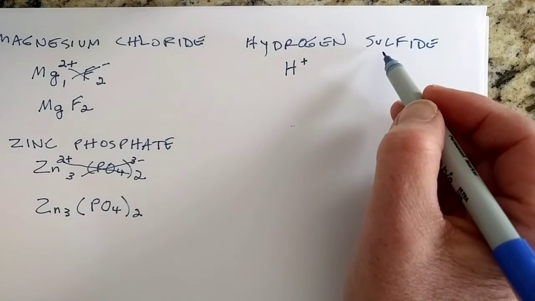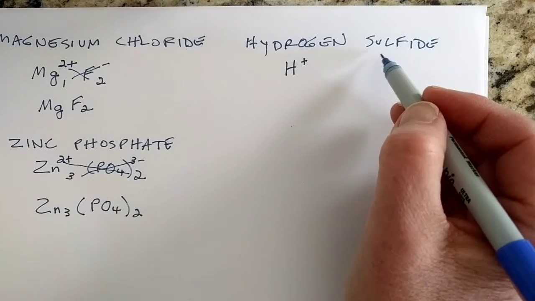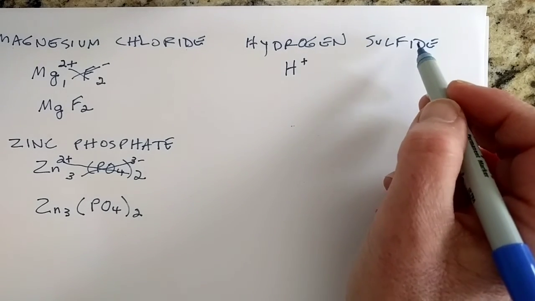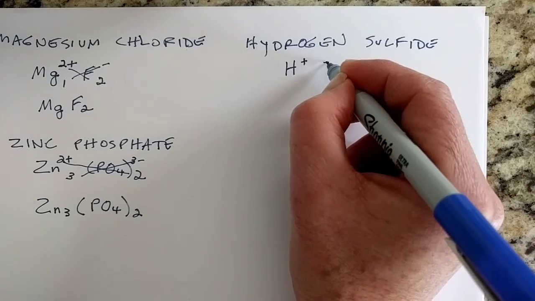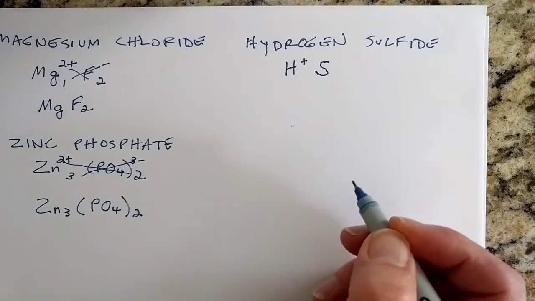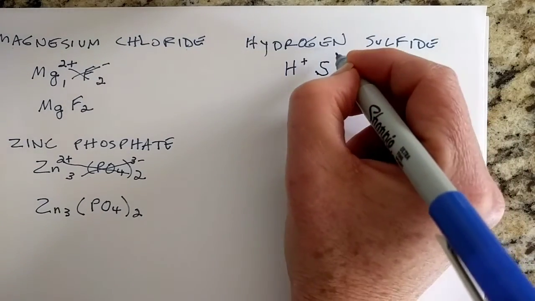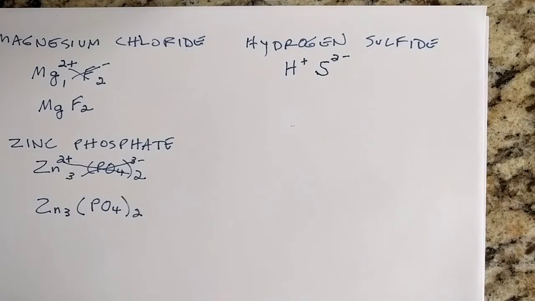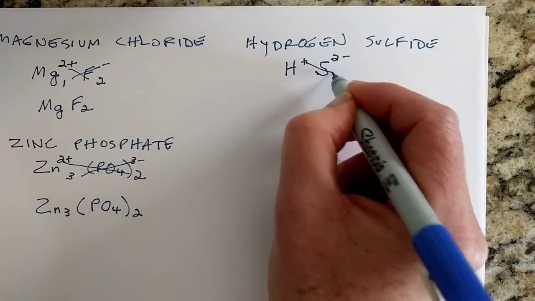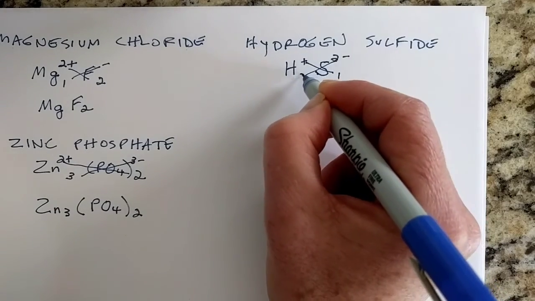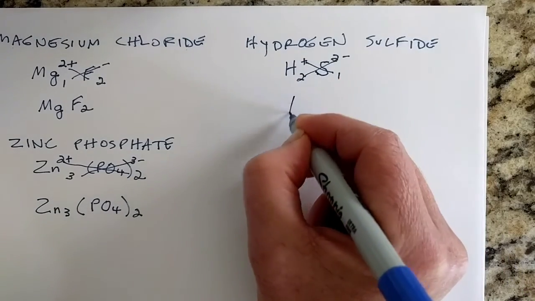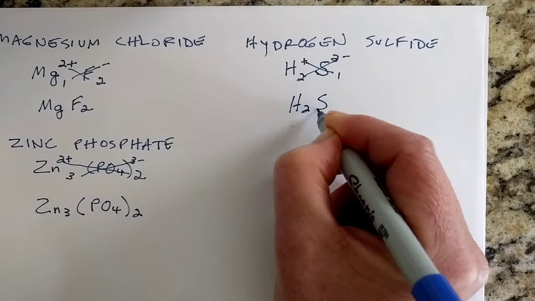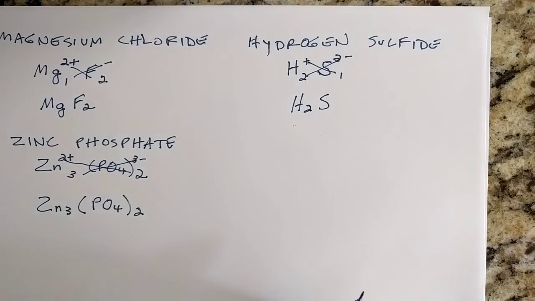If it was polyatomic, it would be sulfite or sulfate, but sulfide is just the sulfur as an ion. So we put in S, we check our periodic table, and we see that sulfide forms a 2- charge. And now we cross our charges. 2 to 1 is the lowest whole number ratio. So H2S is the formula of hydrogen sulfide.